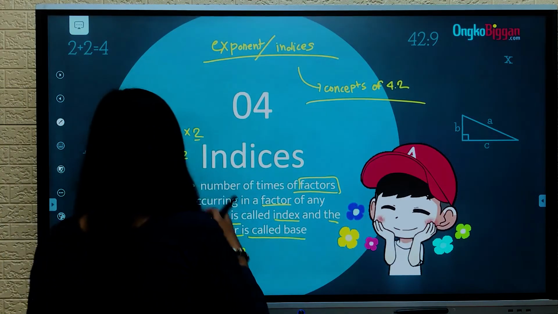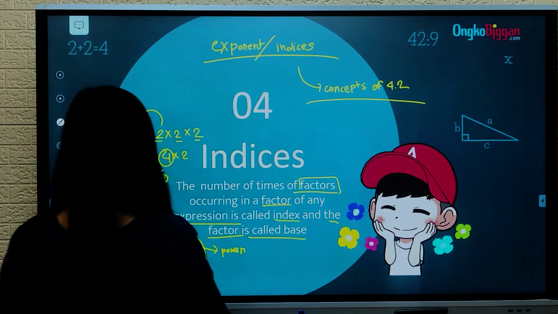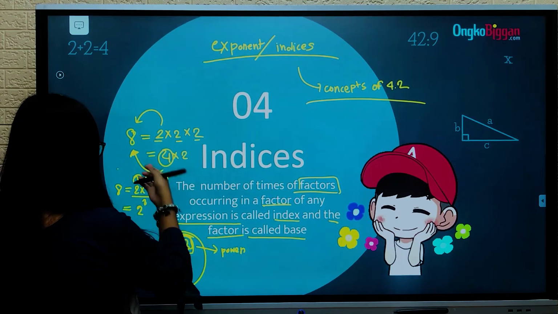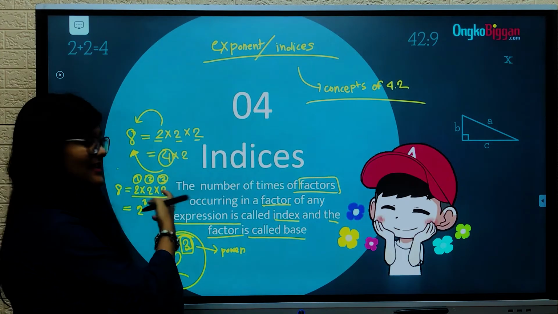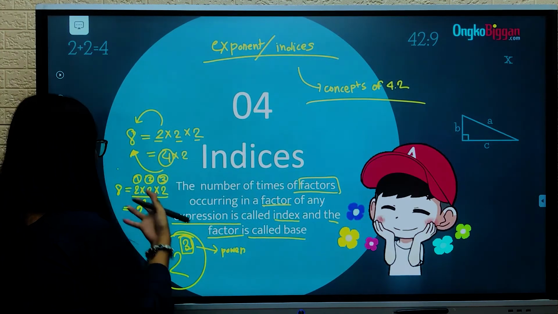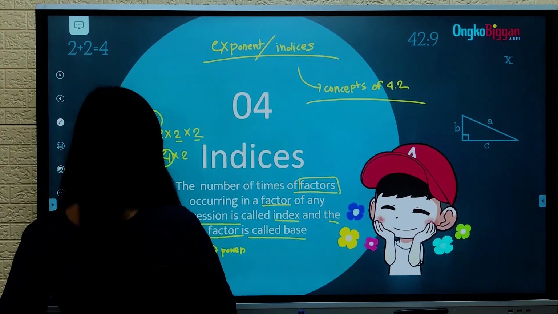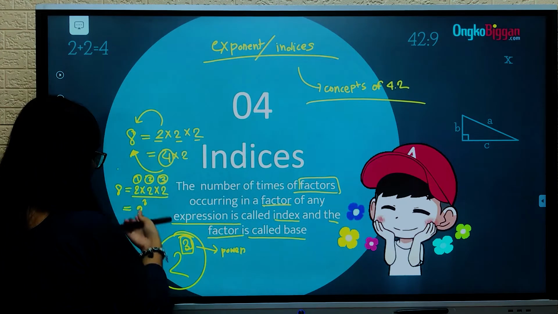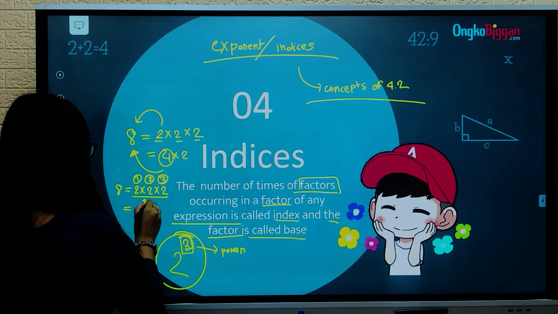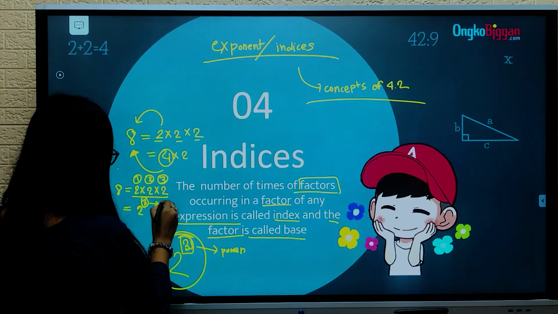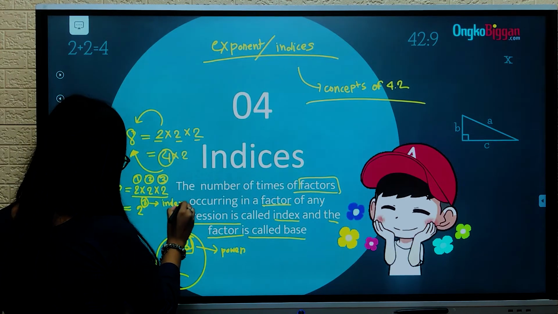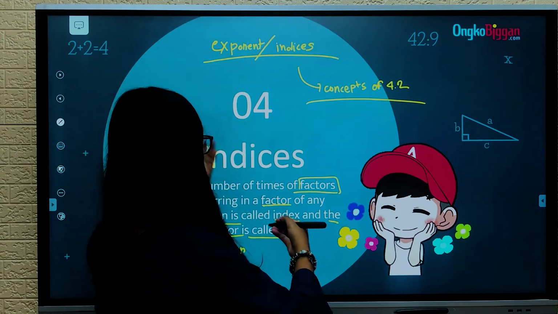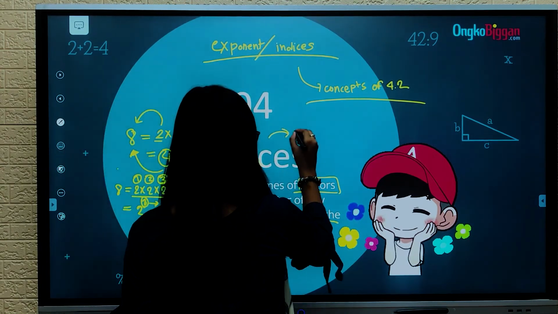There are 3 2's in multiplication form, so without writing 2 into 2 into 2, we just write 2 and write this 3 as our power, and that is called the index or power. Indices is the plural form of index.